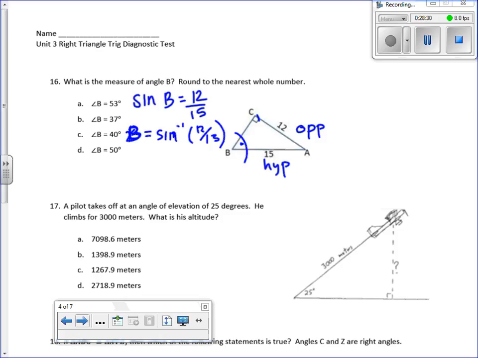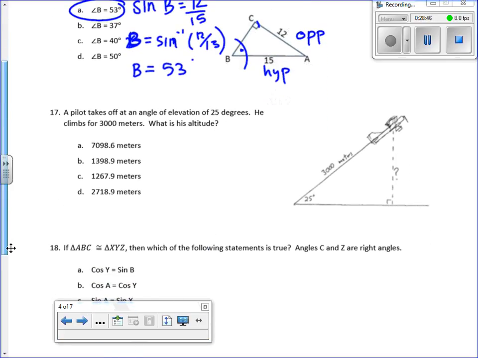So you're going to type in second sine 12 divided by 15, enter, and I got 53 degrees. Choice A. Excellent.